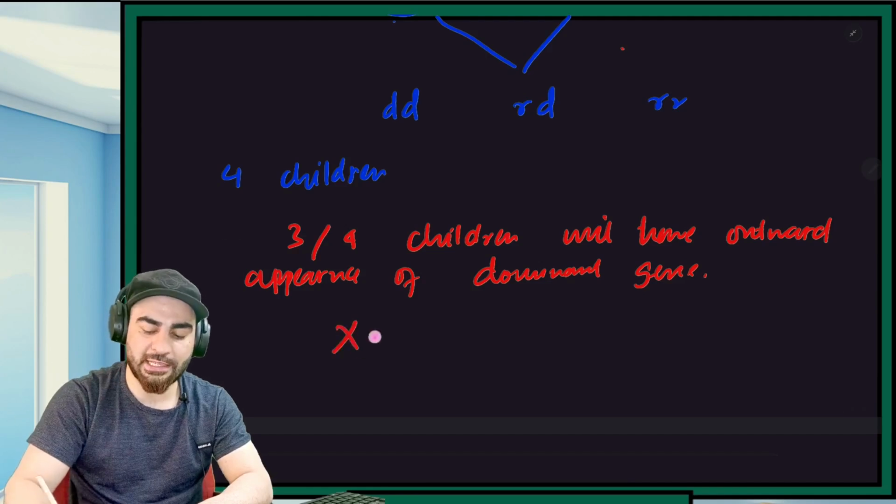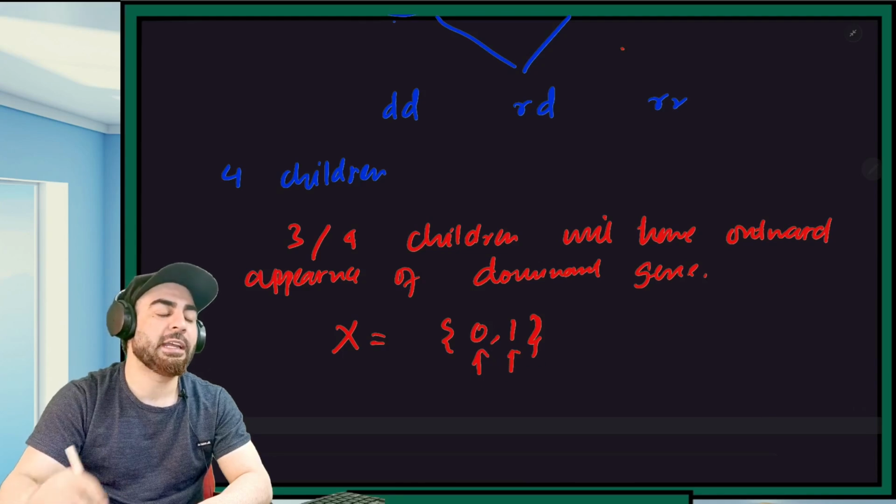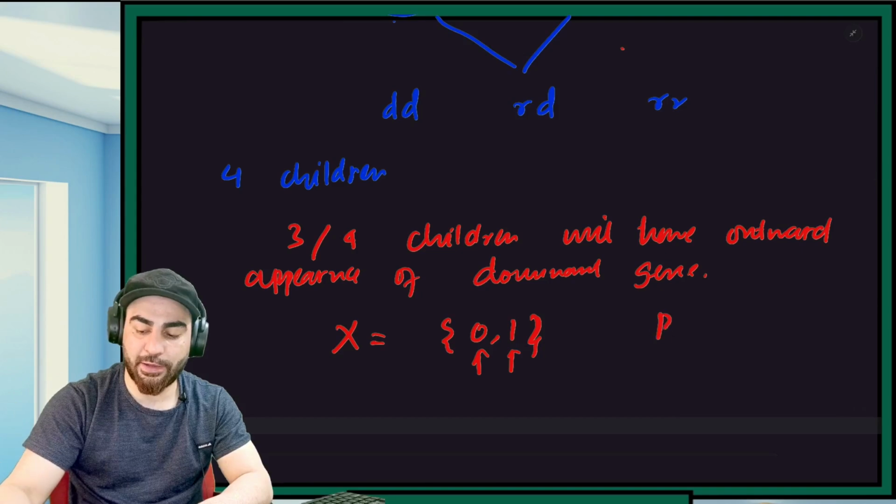So X can be success or failure, 0 or 1, that means dominant or recessive, and we want to perform it for 4 trials, that is the binomial random variable. Among those we want 3 successes out of 4.